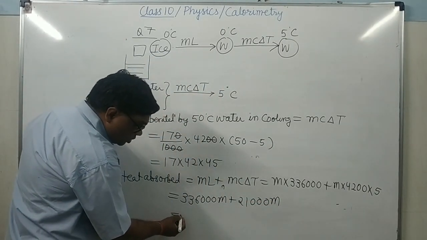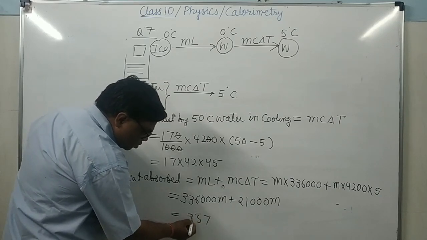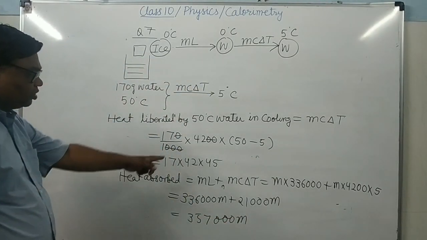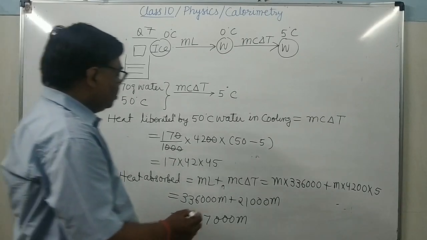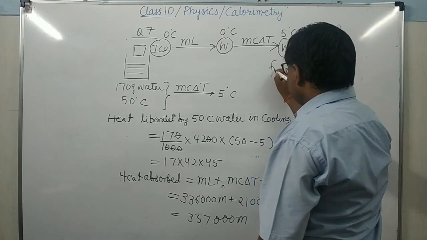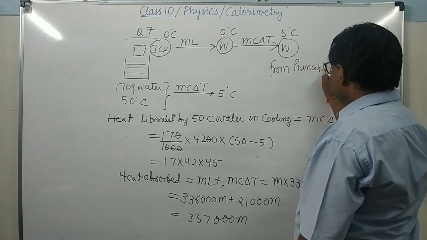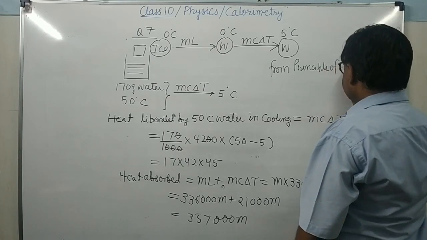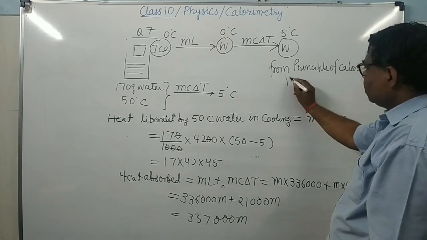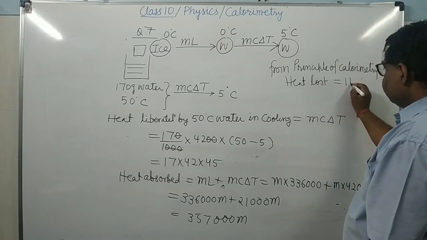So this will be equal to 357,000 m. Now according to the question, this will be equal to this, from the principle of calorimetry. Principle of calorimetry: heat lost equals heat gained.